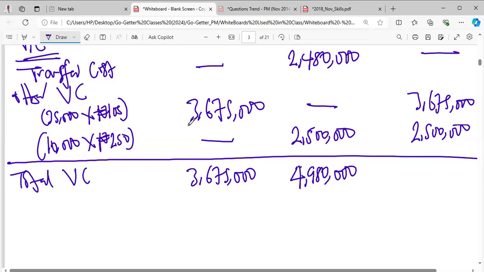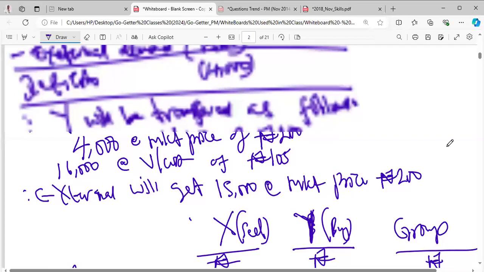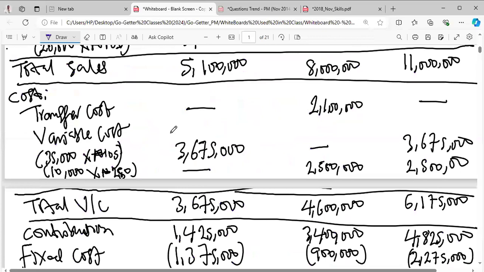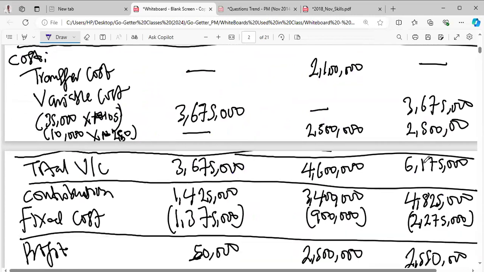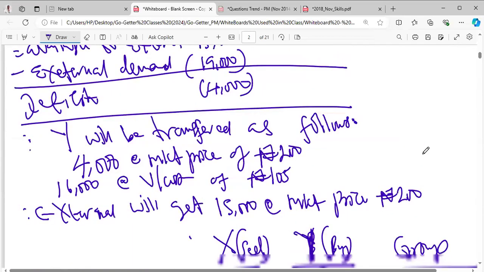Then this should be the same thing we got before, 6,175,000. Irrespective of the transfer cost, you can see the transfer cost is different here, but it didn't affect the group. The group is still the same variable cost, the same contribution for the group.